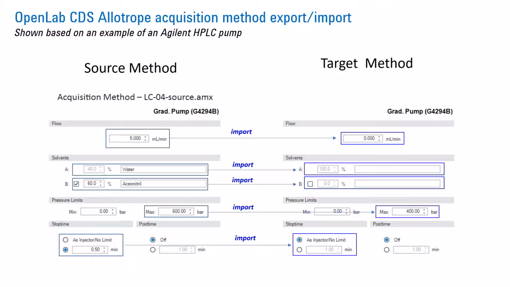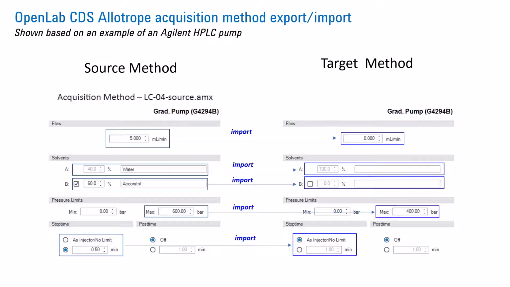So for the pump, this is, for instance, the flow, the solvent composition, the solvent names, the pressure limit, and the runtime of the analysis. And I will show you how to export this into ADF, being uploaded to Zontal space, download this, and then import that into the target method.